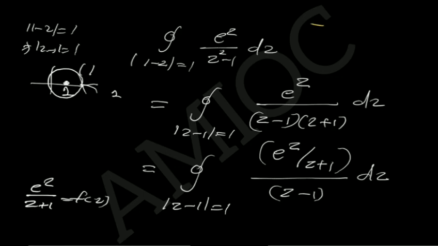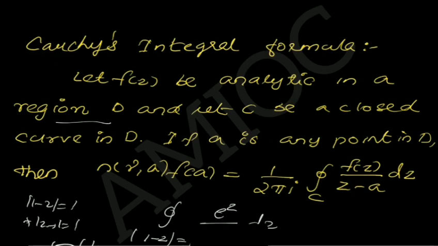By Cauchy's integral formula, n(gamma, a) f of a equal to 1 by 2 pi I integral over C f of z divided by z minus a dz, where f of z is analytic in a region D.